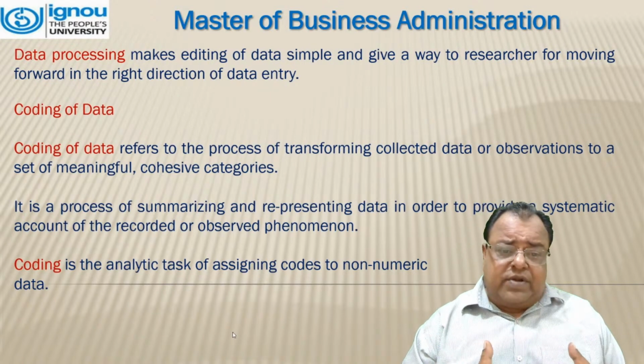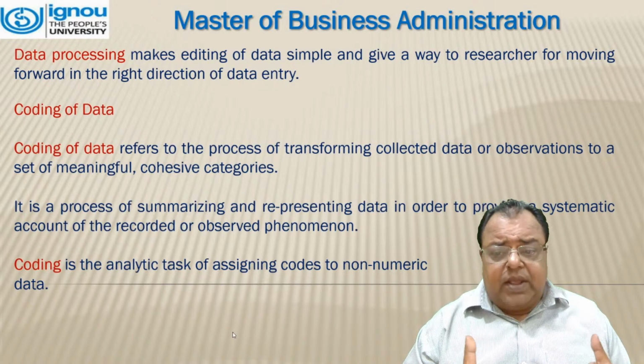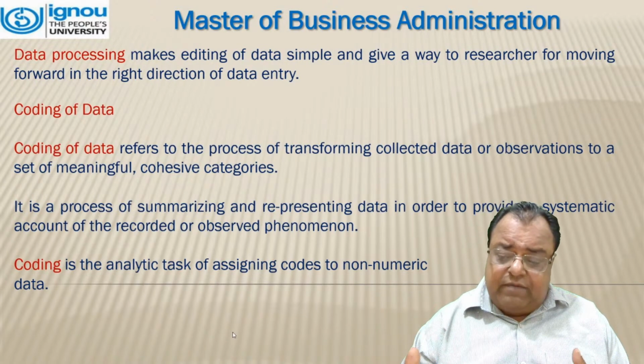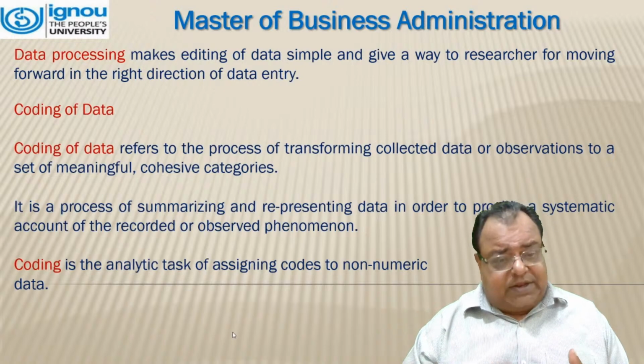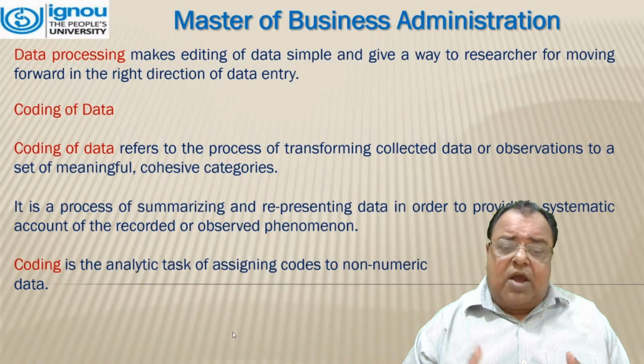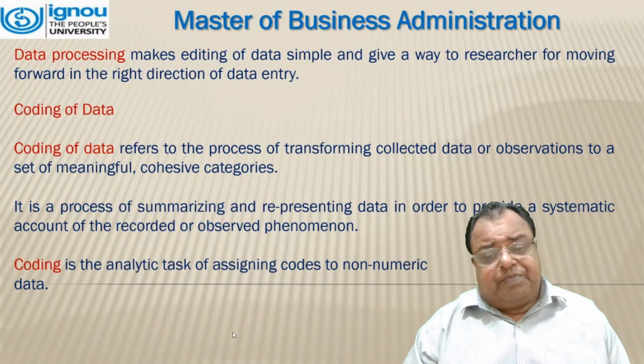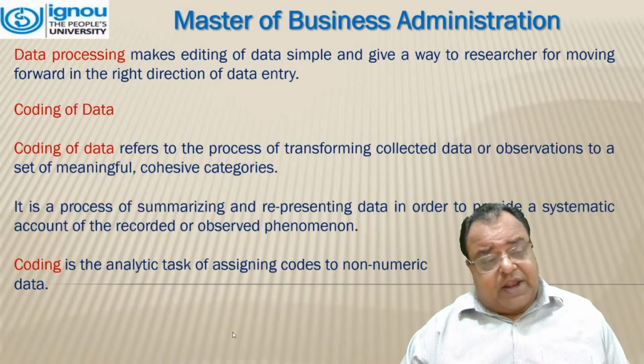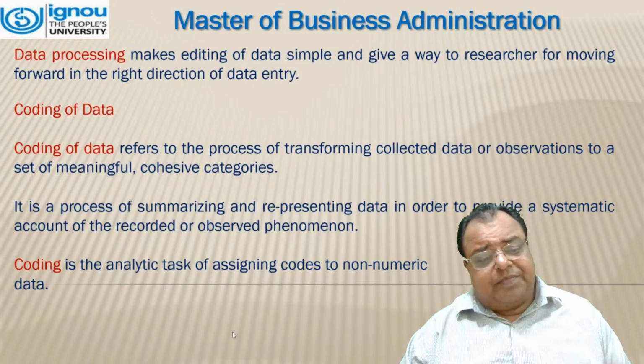Then comes coding of data. Coding of data refers to the process of transforming collected data or observations to a set of meaningful, cohesive categories. It is a process of summarizing and representing data in order to provide a systematic account of the recorded or observed phenomena.